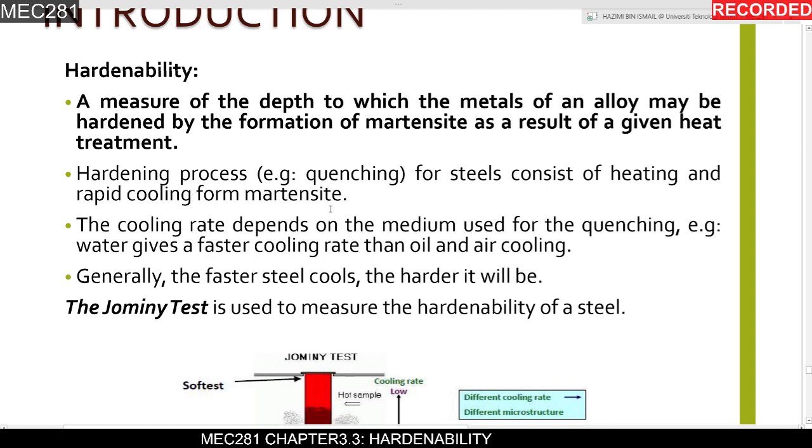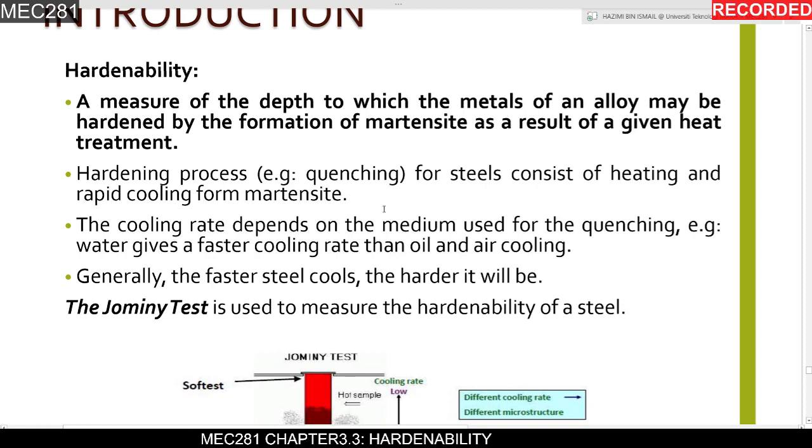to form the martensite. If you have seen a medieval Hollywood movie of how they forge a sword, like King Arthur's great sword, they forge the sword by heating the steel alloy and then rapidly cooling it in water.